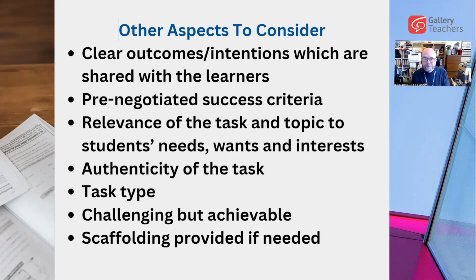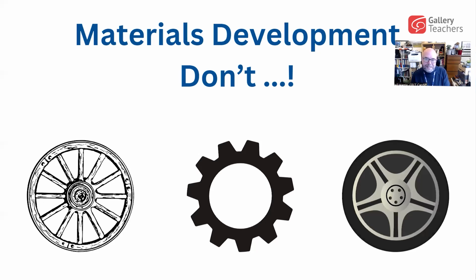Okay, so it sounds like there's a lot to do, and to an extent, yes, there is, but it's also important to remember that there are lots of things out there that can help us. So there's a British idiom here, using the word wheel. And the idea is that you don't create new materials if good materials are commercially available and out there already.